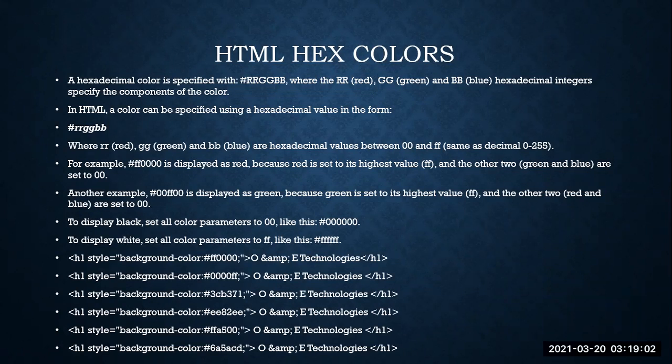The same way this one also works. If you have 00 for red, 00 for green, 00 for blue, you have black. If you have FF for red, FF for green, FF for blue, you have white.